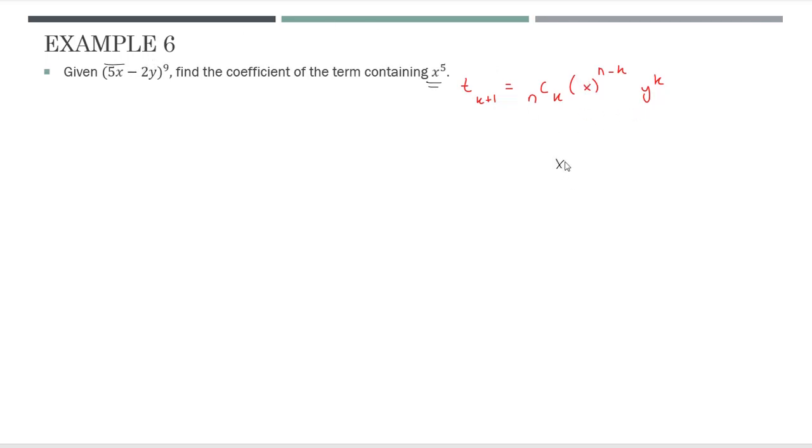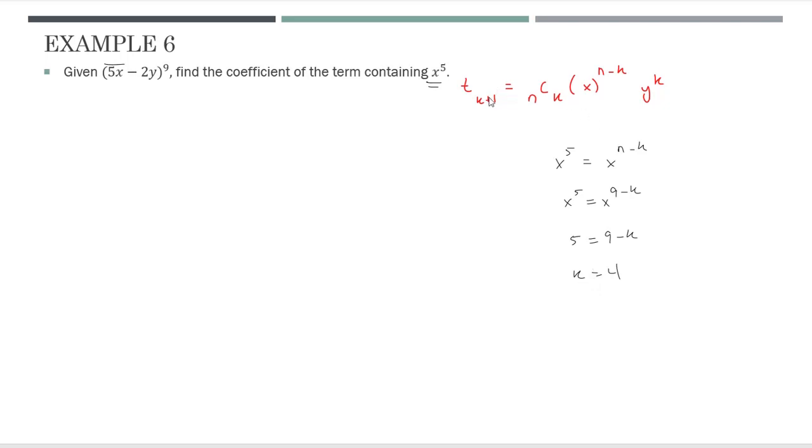So we know x to the power of 5 has got to be equal to x to the n minus k. Well, in this case, our exponent is 9, so it's actually x to the power of 9 minus k. So therefore, because the bases are the same, we can just look at the exponent. So 5 is equal to 9 minus k. It's no one's surprise, k is equal to 4. Okay. Now, what term is that, though?